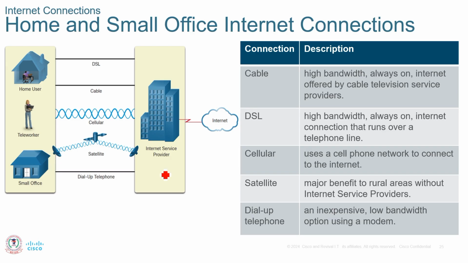So you see the different characteristics here. Cable: high bandwidth, always on, internet offered by cable TV service providers. DSL: high bandwidth, always on, and internet connection that runs over a telephone line.